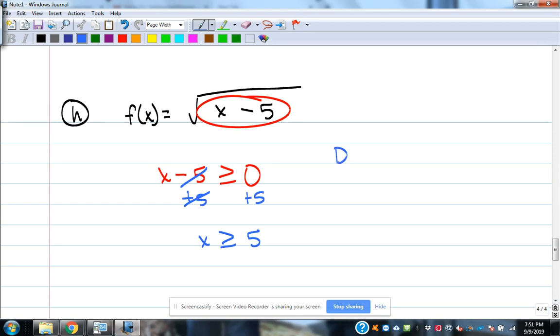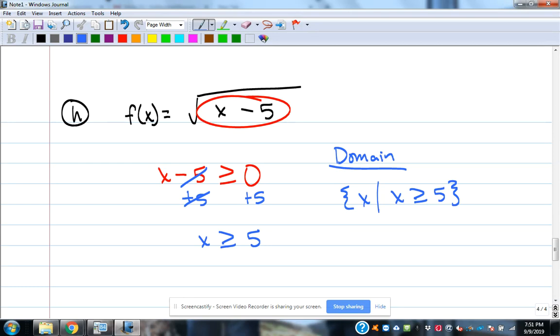And this one, when we start saying the domain in the set builder notation, this one's easy again. All you got to do is take that inequality and just put it in there. All x's such that x is greater than or equal to positive 5. That's what that says. You take your inequality straight into there.